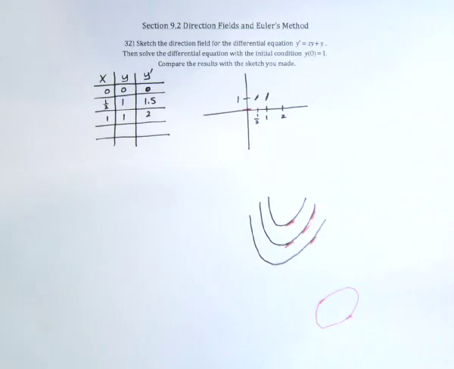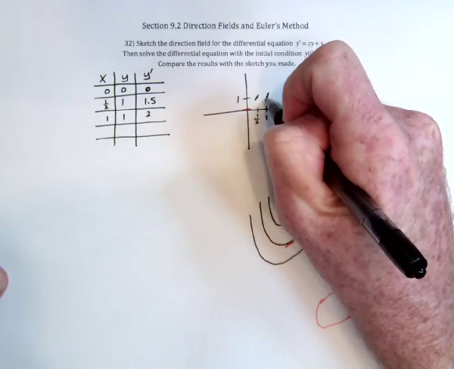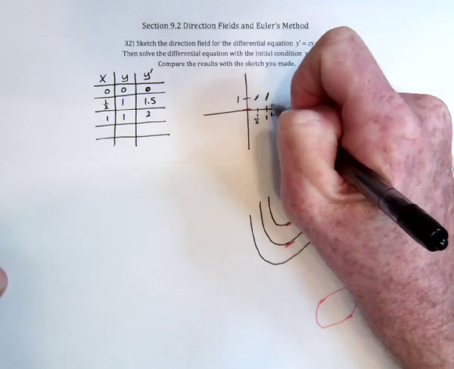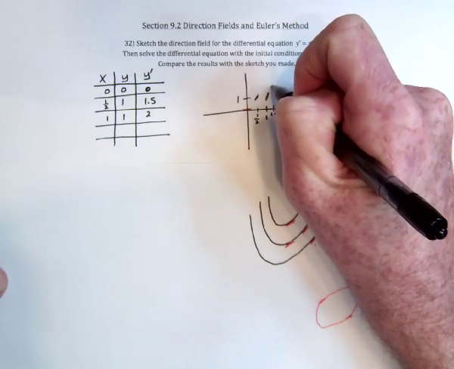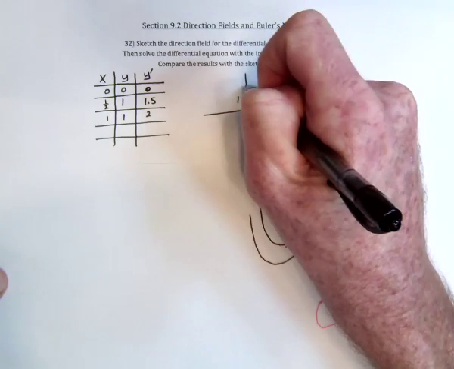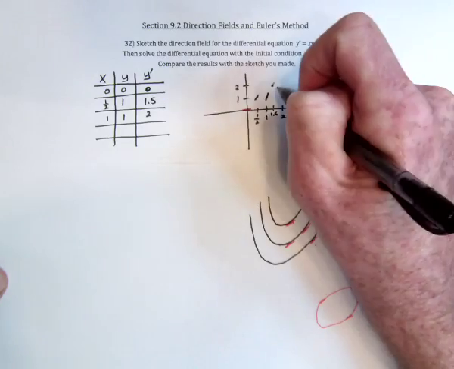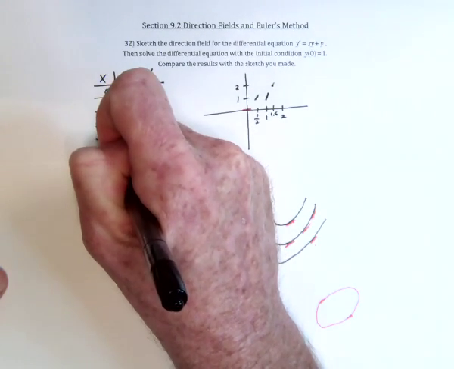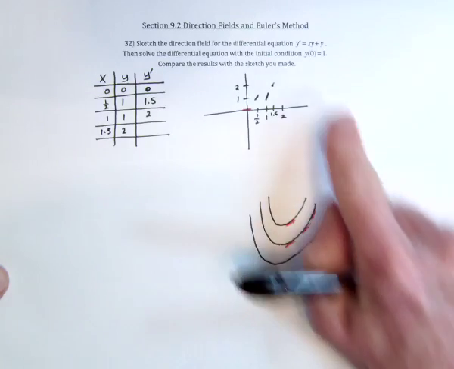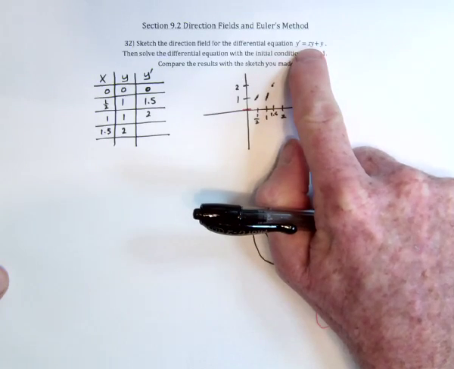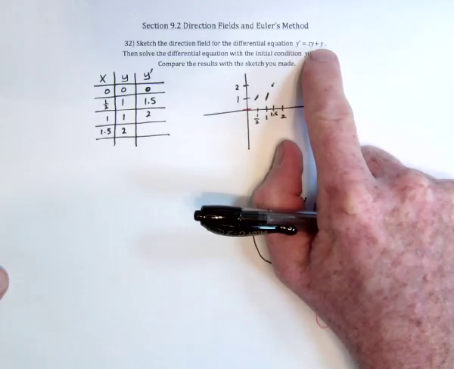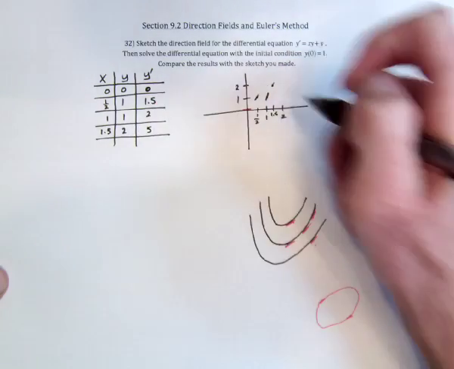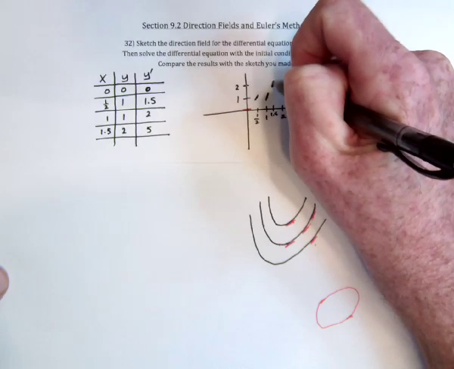So this one is telling me go up this direction. If I went over to 1.5, it would take me approximately to here, which I would approximate is at 2. So then at 1.5 and 2, this would be 1.5 times 2, so that's a 3, plus 2 more is a 5. So then the slope is 5, which is pretty steep.